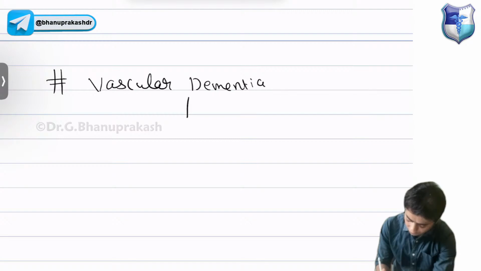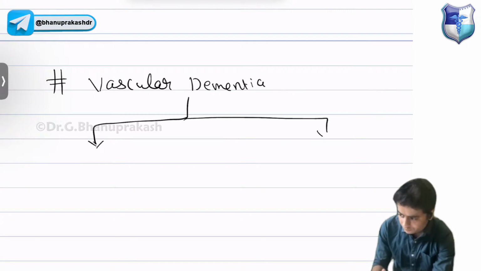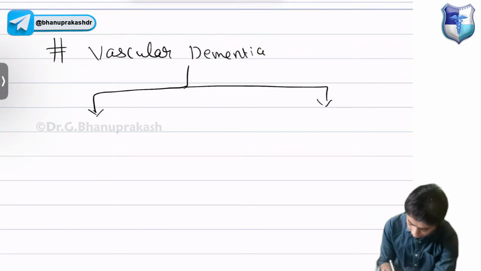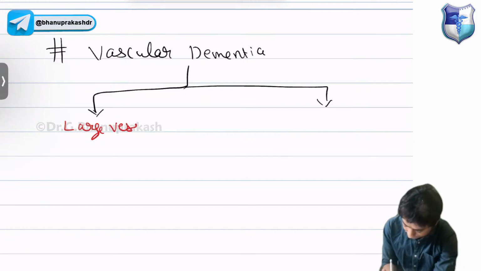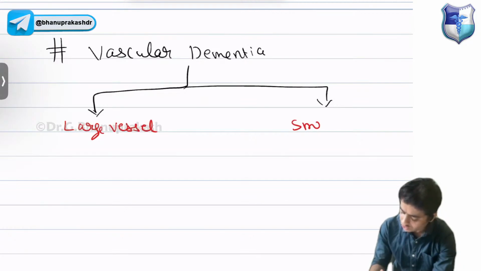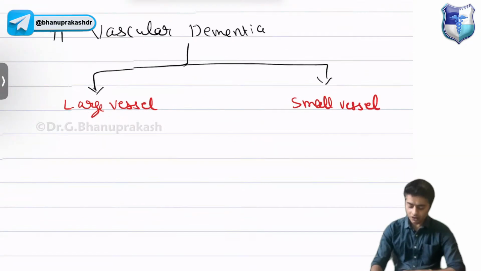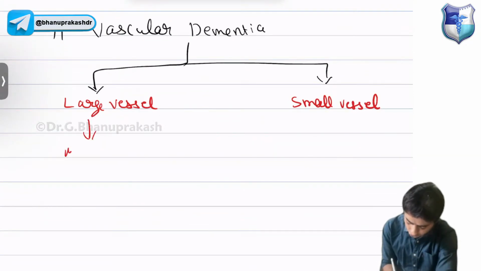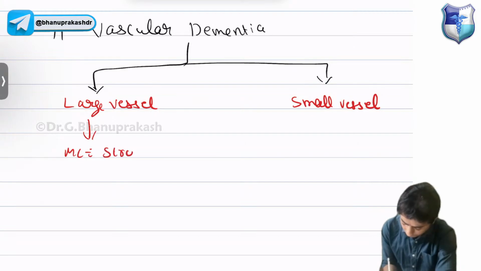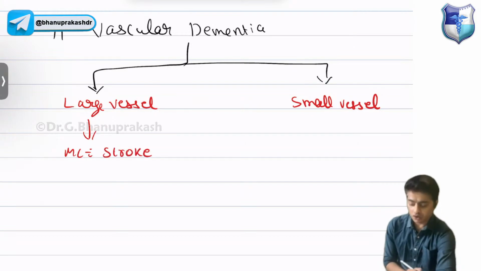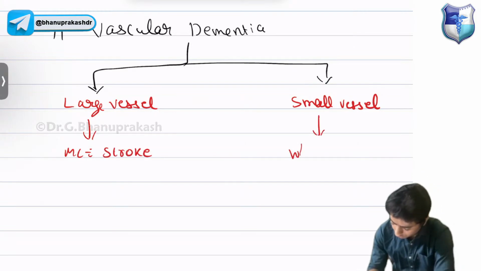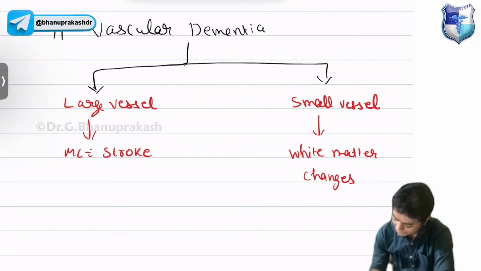Okay? It is of two types. One is your large vessel and the other is your small vessel. Large vessel disease is most commonly due to stroke, and small vessel disease is due to white matter changes, especially in your subcortical area.